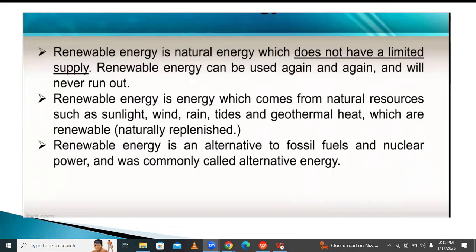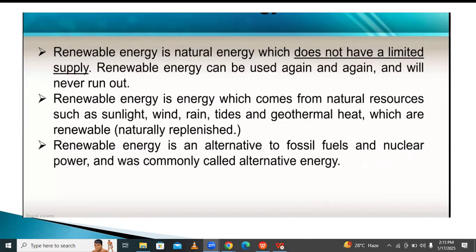Renewable energy sources are natural energy that does not have a limited supply. Renewable energy can be used again and again and will never run out.